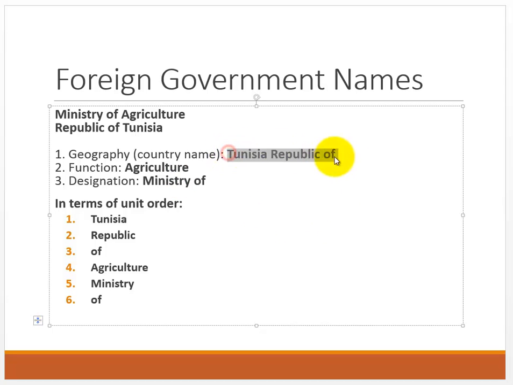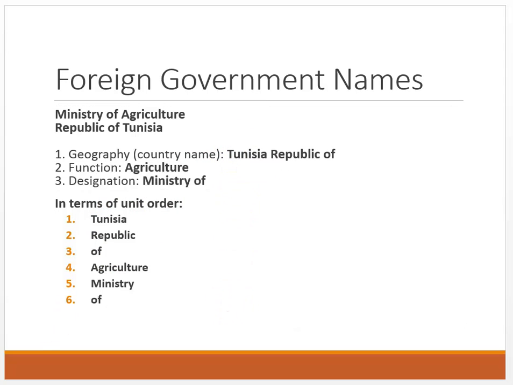The whole thing is the name of the country, and then function and designation. And if you convert that into unit order, it's Tunisia, Republic of, Agriculture, Ministry of. Essentially this order is practically the same as this. All right, I think that's it.